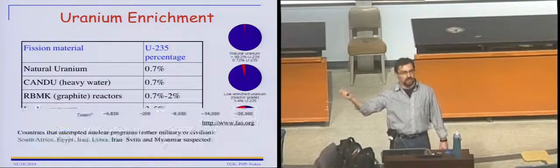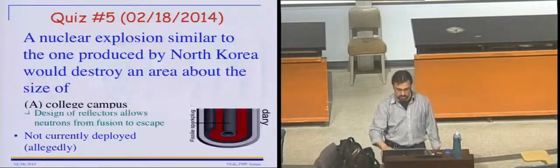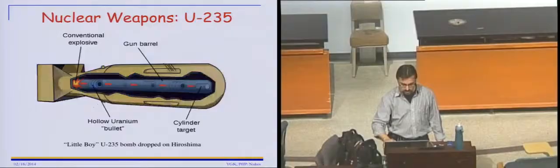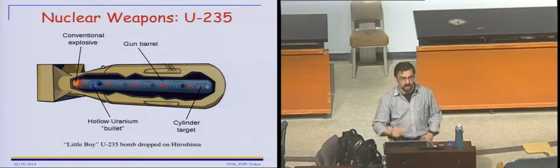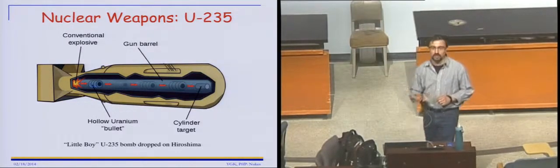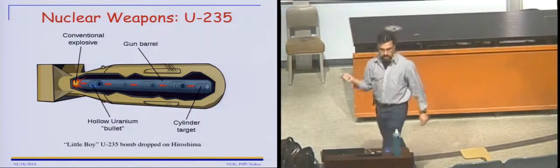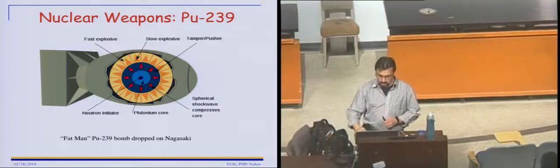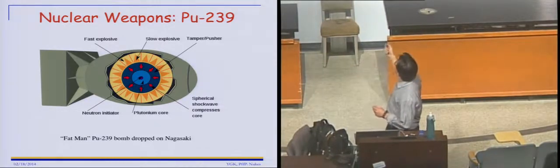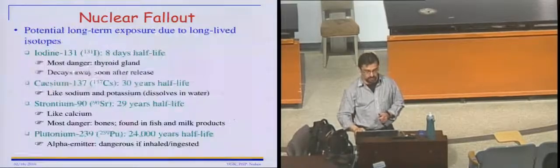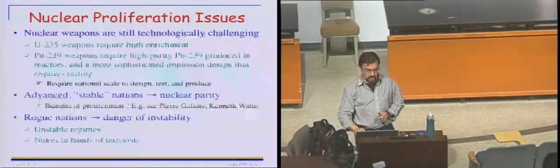The uranium gun-style design is relatively easy to design and build, but requires enriched uranium. A plutonium bomb is a little bit more technologically challenging, requires less of the fission material, but still requires enriched plutonium.